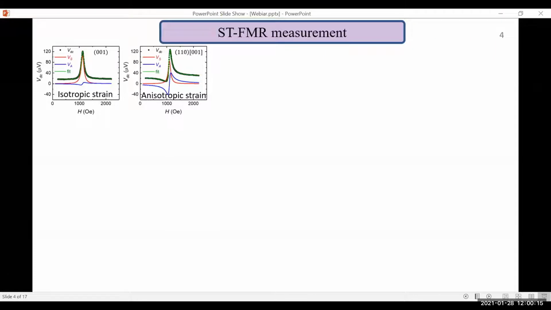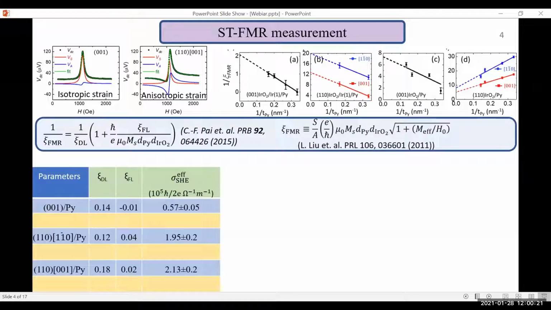I have not shown everything in detail, but two different directions of the 101 oriented film also have some anisotropy in spin Hall angle and spin Hall conductivity. Okay, so for 001, there is no anisotropy. You're saying it is the same spin Hall angle.